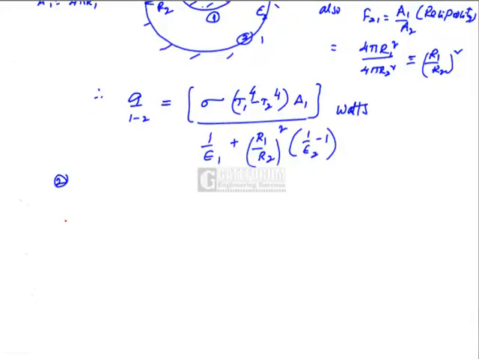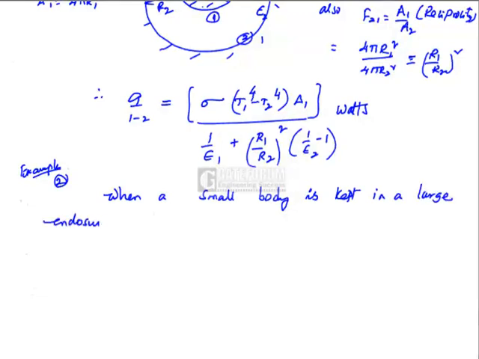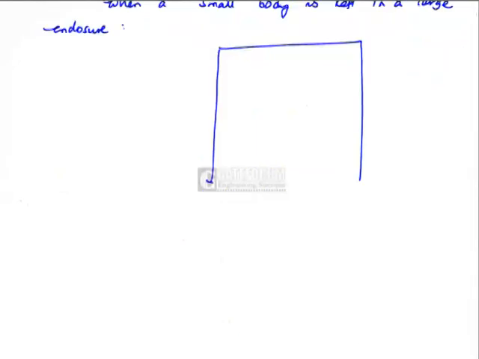Now another example is when a small body is kept in a large enclosure. A small body is there of surface area A. When it is kept in a large enclosure, small body is taken as 1, large enclosure is taken as 2.